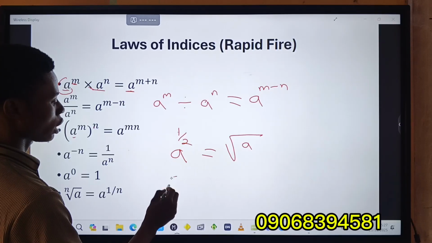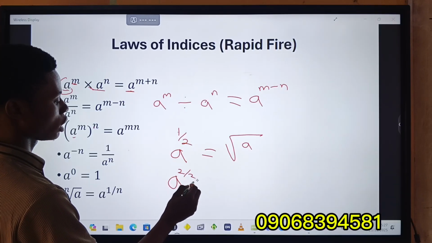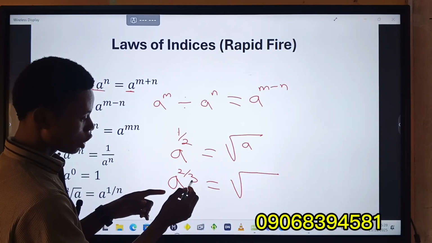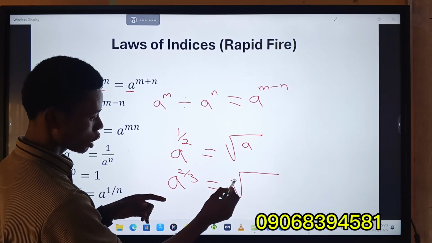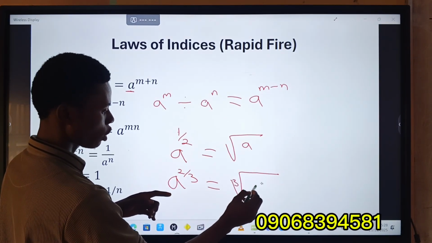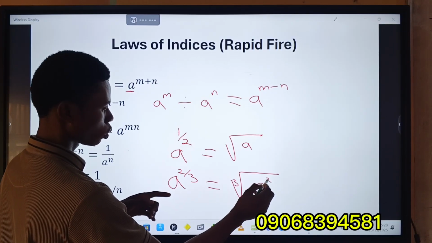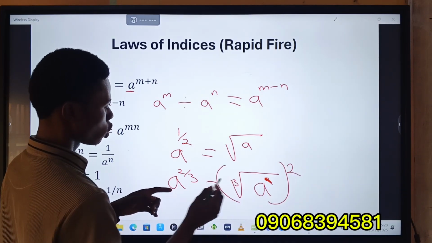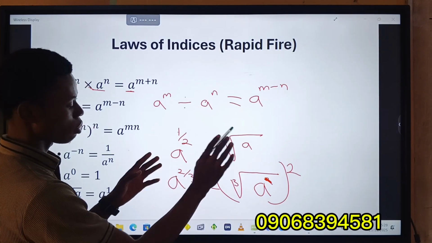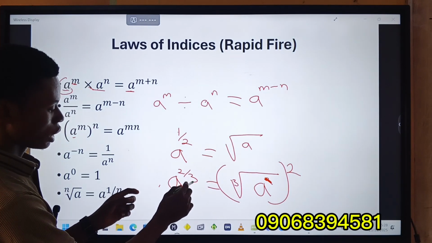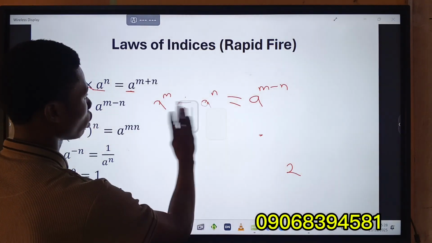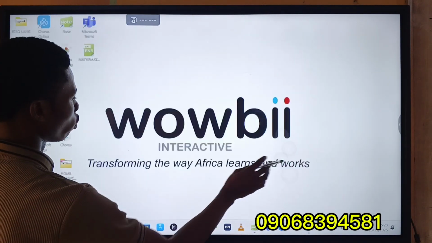If you have something like a raised to power 2 over 3, now, the one that is the denominator becomes the root. So this is cube root of a raised to power 2. So this one up here remains where it is. Then the one down as the denominator becomes the root. Don't worry, with examples you understand very well. So let's move on now.